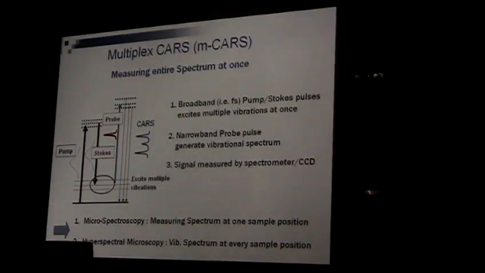You create multiple vibrations at the same time, but you still need a narrow probe. So this is just like Raman. So you have to somehow combine broadband and narrow band. Then you just detect the signal with a CCD, okay, a spectrum, just like a normal Raman spectrum. Right? This is called multiplex CARS.